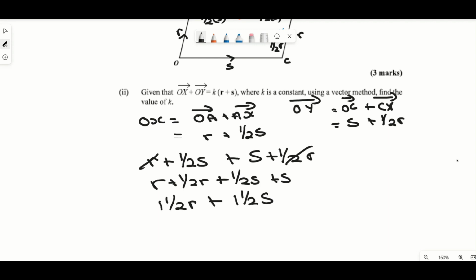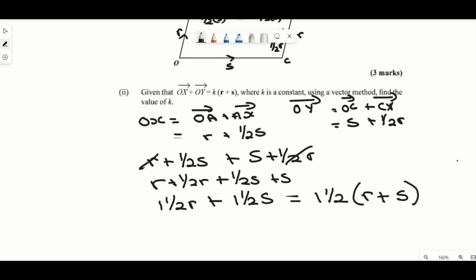What do 1.5 R and 1.5 S have in common? They have 1.5, open bracket, 1.5 times what gives you 1.5 R, that's R, and 1.5 times what gives you 1.5 S, that's plus S.